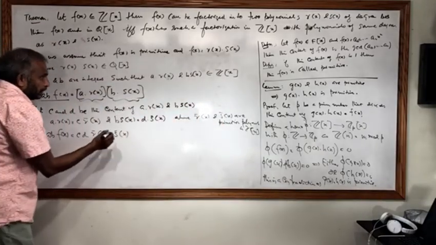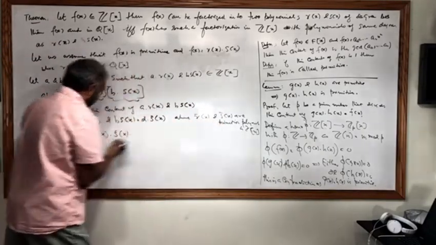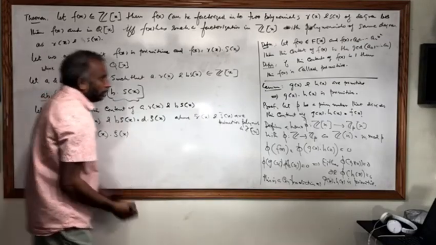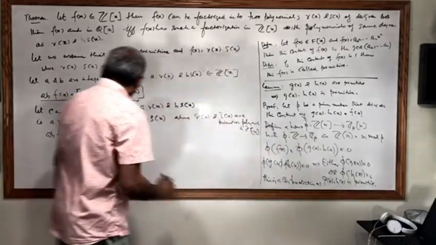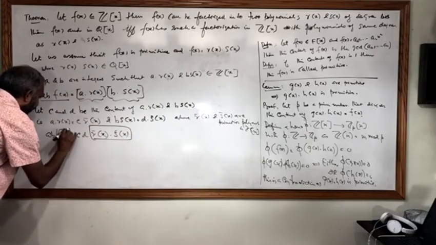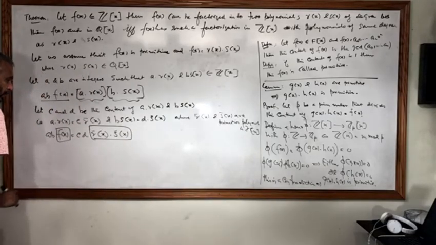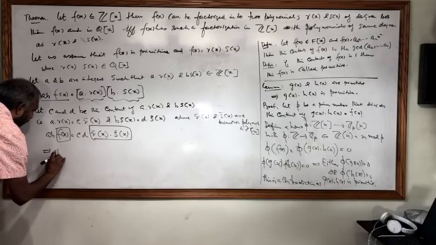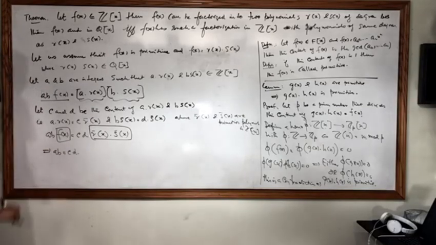So the product is a primitive polynomial. So this is a primitive polynomial, and this is also a primitive polynomial. They are equal, and that implies ab is equal to cd.